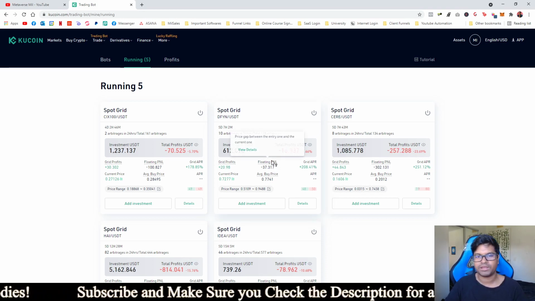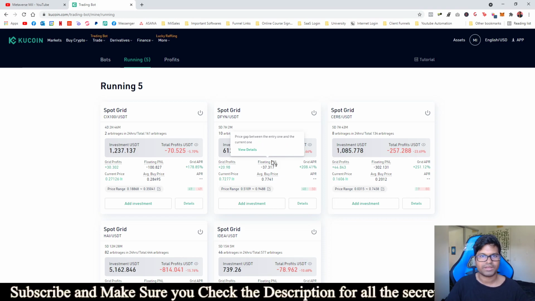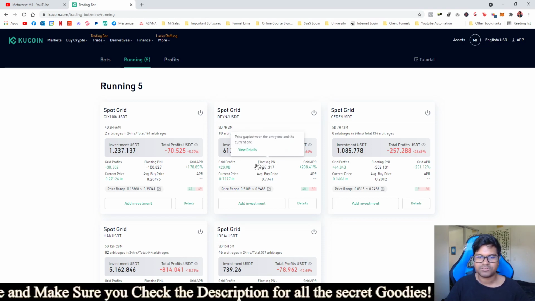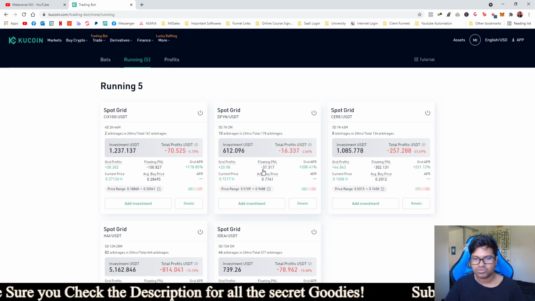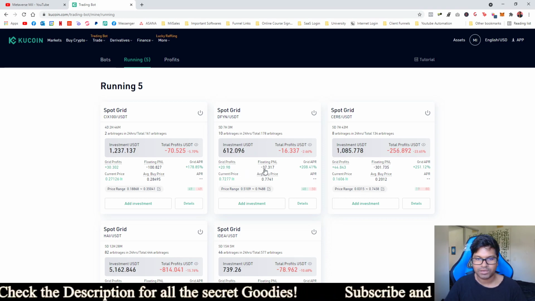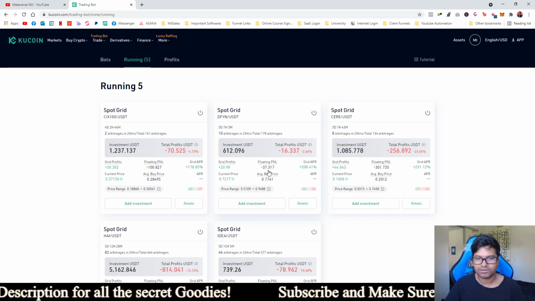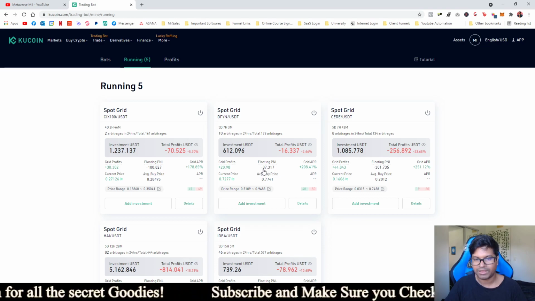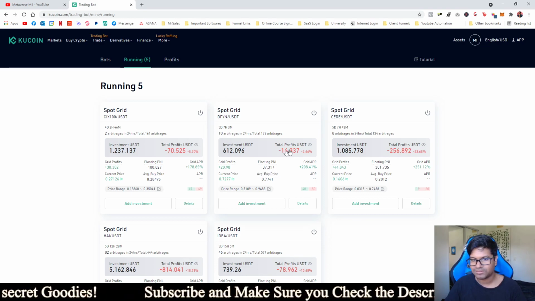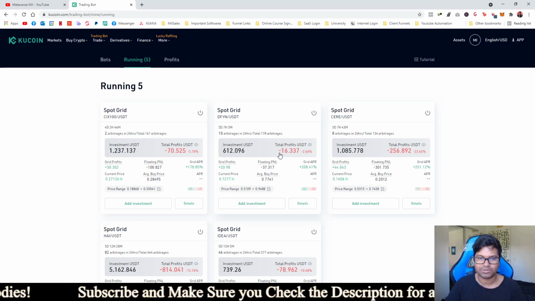The floating PNL, which is how much you are in loss or gain, could also be plus or minus, just so you know. So if I take away 20.98 from -37.31, this gives me -16. That's just how it works.